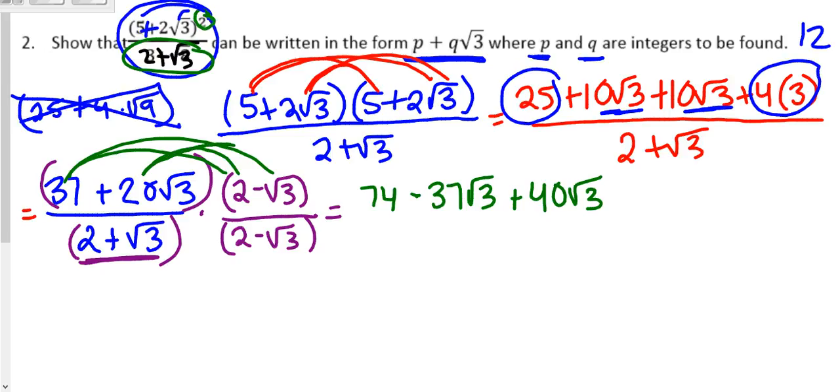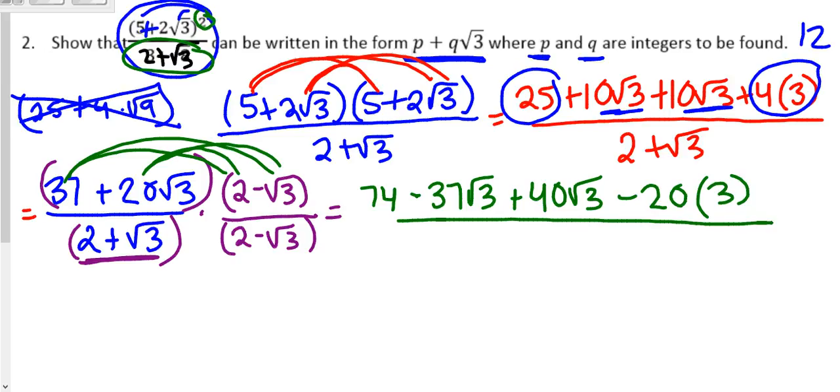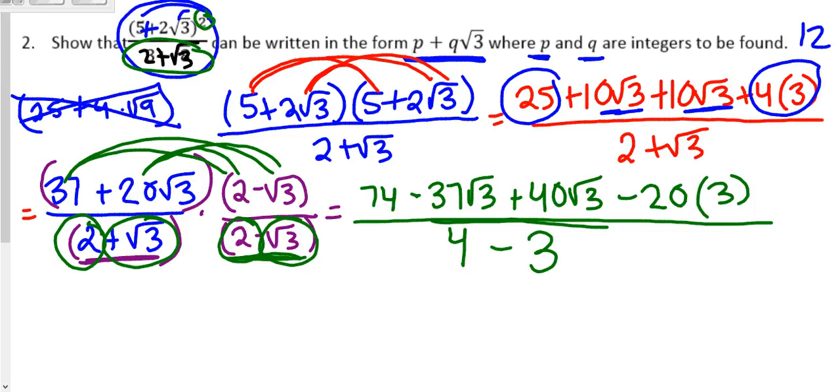And 20 square root of 3 times a negative square root of 3 is a negative 20 times square root of 3 times square root of 3 is a 3. All over, we are multiplying 2 conjugates, so we know the middle terms will cancel out. So all we need to do is 2 times 2, which is 4. Square root of 3 times square root of 3, which will be a negative whole 3.